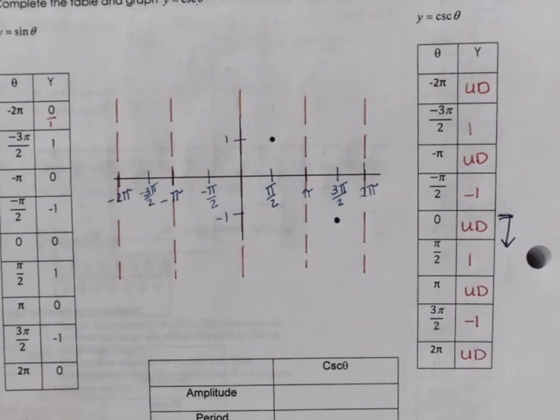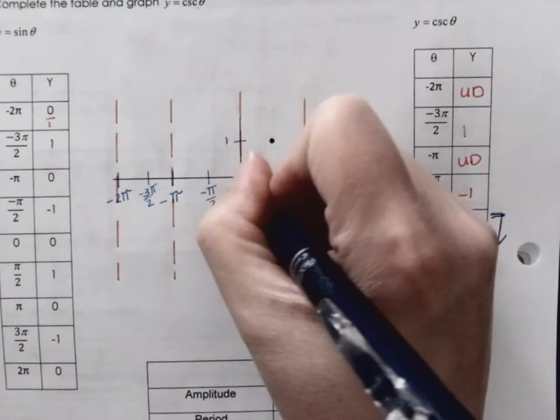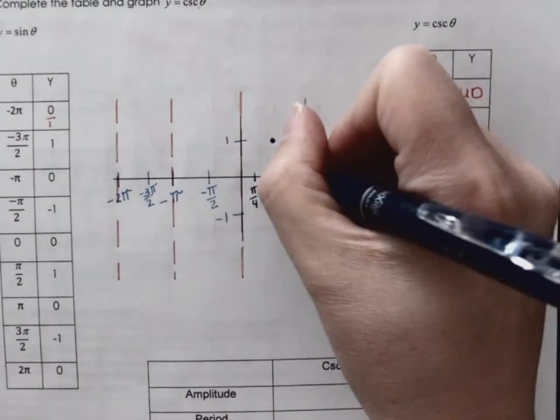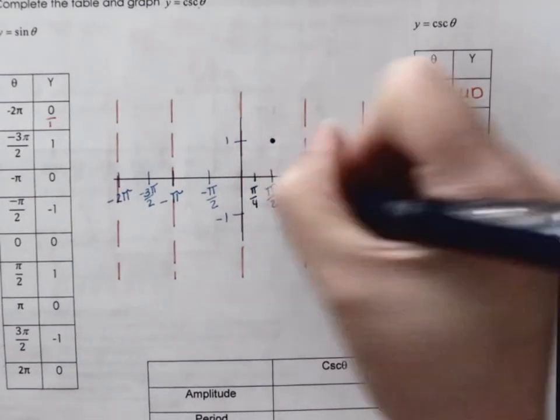And there really isn't until you know a little bit about it. So let's pick some points in between 0 and pi over 2. Pi over 4, good pick. Pi over 4, and shall we do 3 pi over 4?